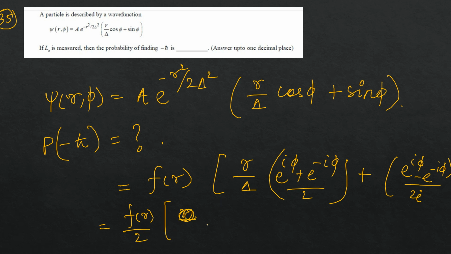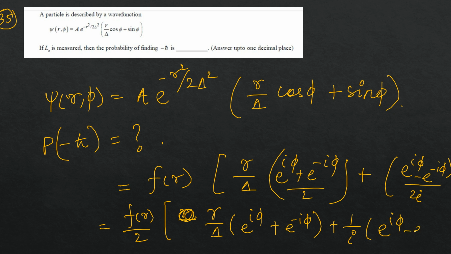I will do one thing here: r by delta times (e to the power i phi plus e to the minus i phi) plus 1 by i times (e to the power i phi minus e to the minus i phi). Now I will take e to the i phi as common.